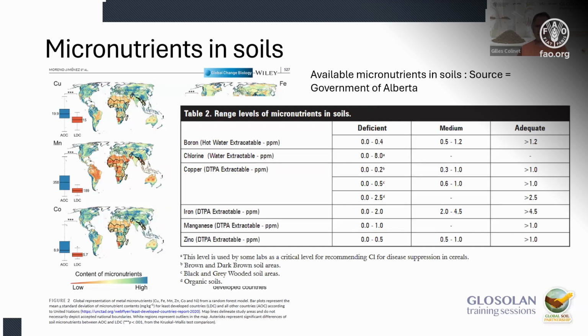I tried to use them at the end in order to assess the levels that we found here for the Ukrainian soils, but we don't have the guarantee that these results are really relevant. They define the threshold between deficient, medium, and adequate level for boron, chlorine, copper, iron, manganese, and zinc, and it was with the DTPA extractable, so there is a base of comparison.